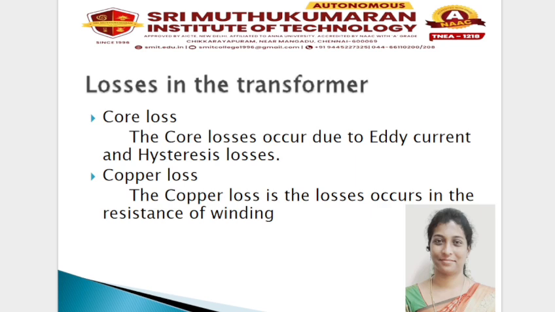Third one is copper loss. It depends upon the square of the current and varies with load. We have to minimize the losses, because minimizing them increases the efficiency and also the service life.